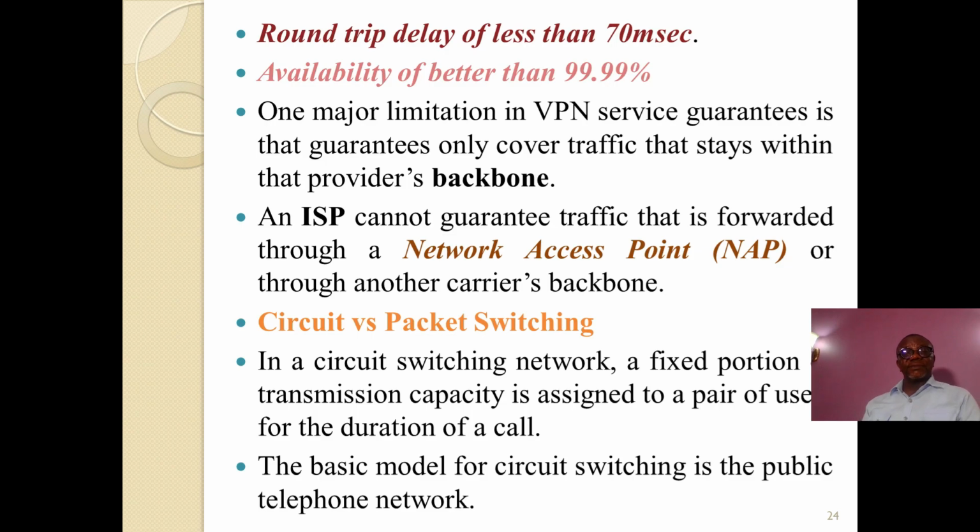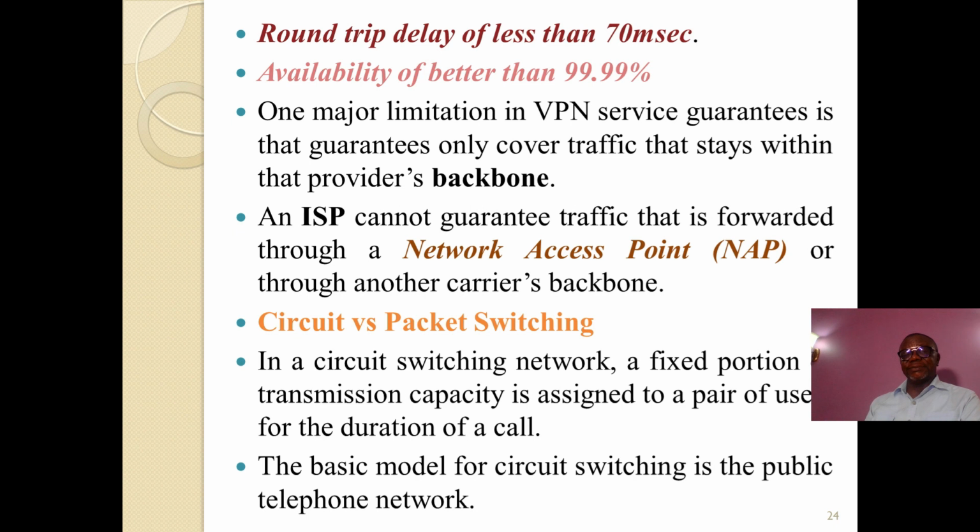So now, finally today, we are going to look at circuit versus packet switching. In a circuit switching network, a fixed portion of the transmission capacity is assigned to a pair of users for the duration of a call.